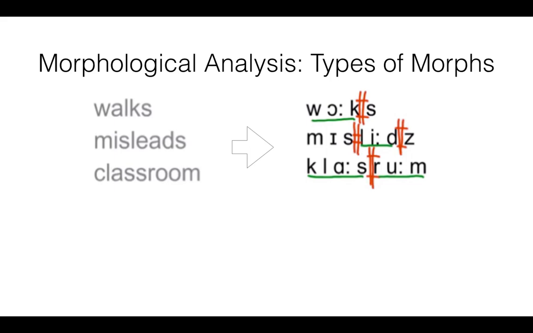Here it's also separated into three. You have lead, the stem or the root, the verb lead. And then we attach to it one derivational morpheme, mis, because when we attach mis to a word, we create a new word, mislead. It's a derivational morpheme. And then we attach to it at the end an inflectional morpheme, which is here the third person singular again, similar to walks. So you separate between those morphemes using hashtag.